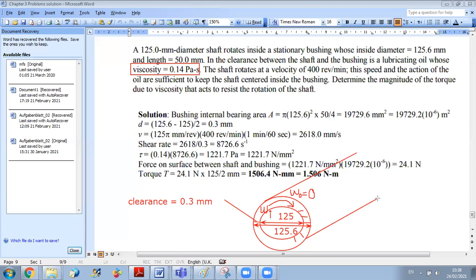Now, what they want us to find is the torque resulting from the viscosity that acts to resist the rotation of the shaft. You know that viscous effects will oppose variation of velocity inside the fluid. And here, what is happening is that we have a velocity gradient in which direction?